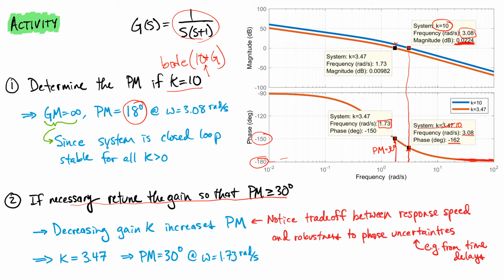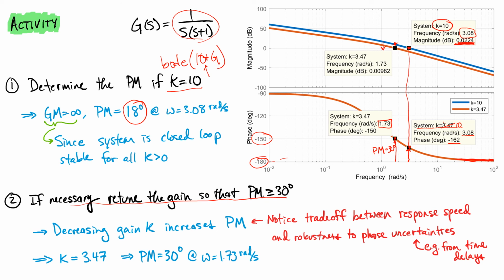If we were to evaluate that point on the blue curve, that would tell us the magnitude at that point, and it would also tell us how much we'd need to reduce the magnitude in order to make that equal to 0. Because remember, a smaller k value is going to reduce and shift this Bode plot down.